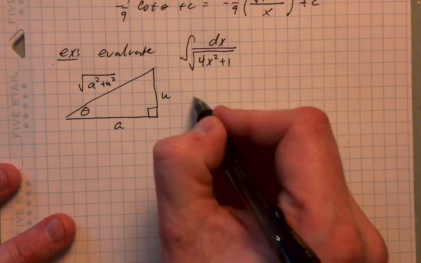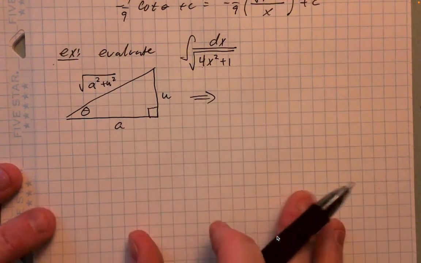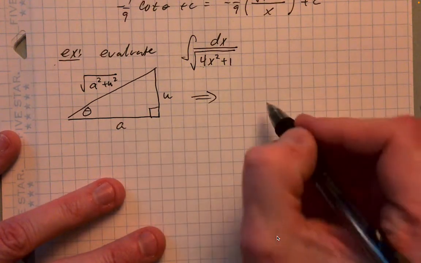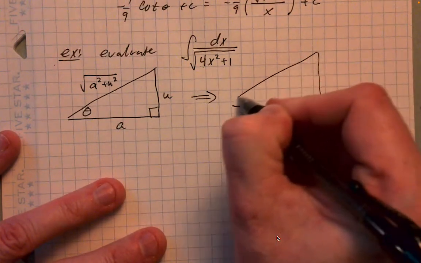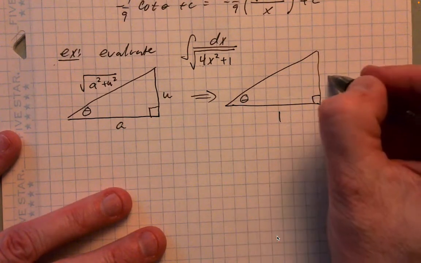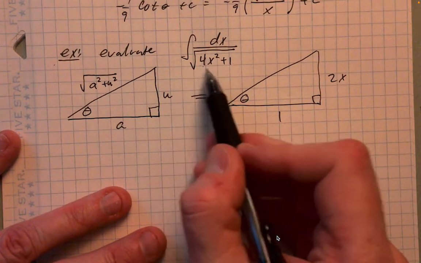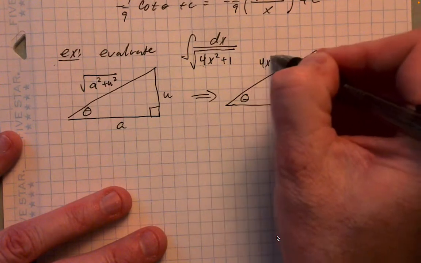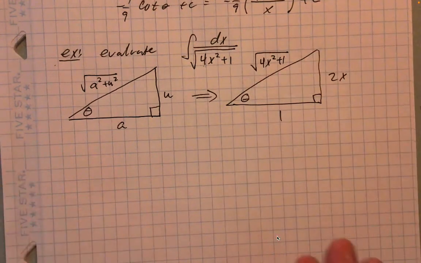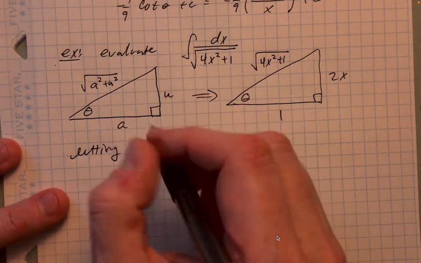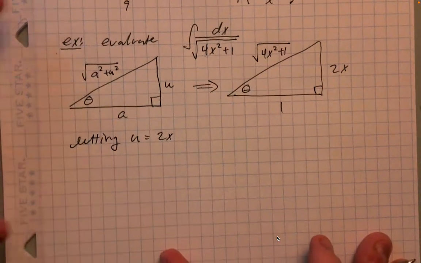Okay, and so we can plug our values into this. In this case, a is of course going to be 1, and the u here is going to be 2x, right? When you square that quantity, you get 4x squared. And so that means this is going to be the 4x squared plus 1 there. Letting u equal 2x, what do we get?